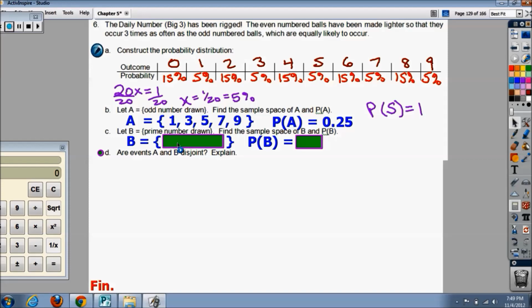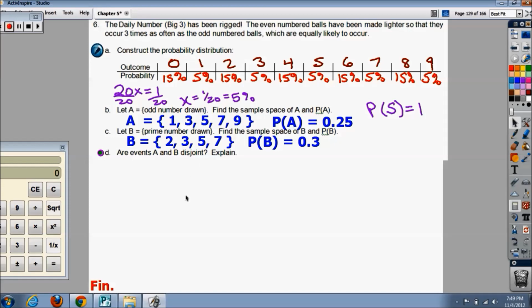So your prime numbers up here are 2, 3, 5, and 7. 1 can go into 0, but 0 can't go into itself. That's undefined. So the probability of a 2, 3, 5, or 7. Well, 2 is 15%, plus 5, plus 5, plus 5 is going to give me 30%.